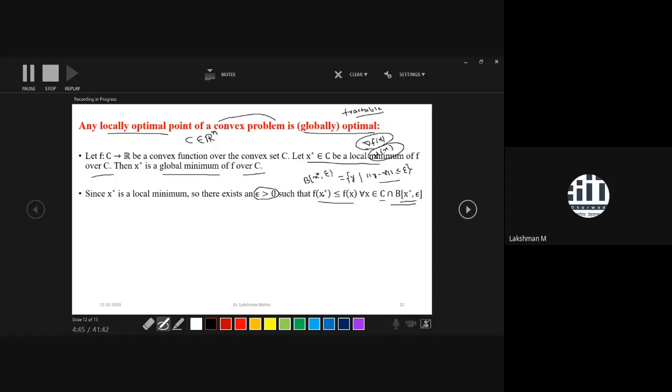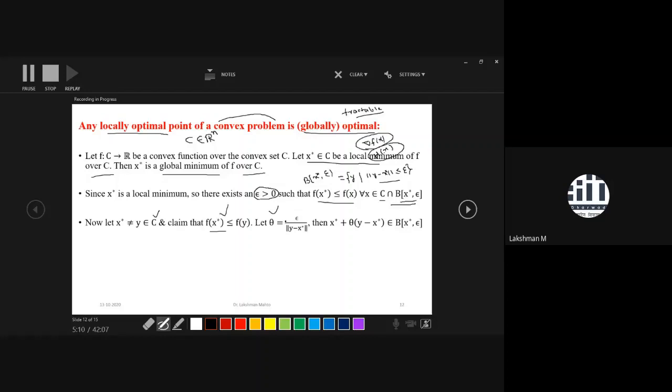Now we will take another point y from the feasible set C, where y is not equal to x star, it is other than x star. We claim that the value of the function at y is greater than or equal to the value of the function at x star. For that, we are taking a theta.